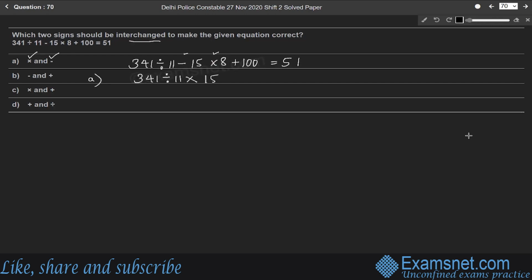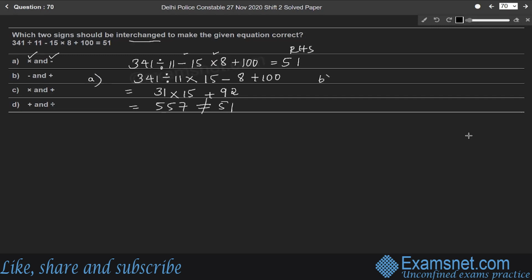Instead of into, we use minus 8 plus 100 is equal to, so 341 divided by 11 is 31 into 15, plus 92, which is equal to 557, which is not equal to the RHS part, that is 51, right?